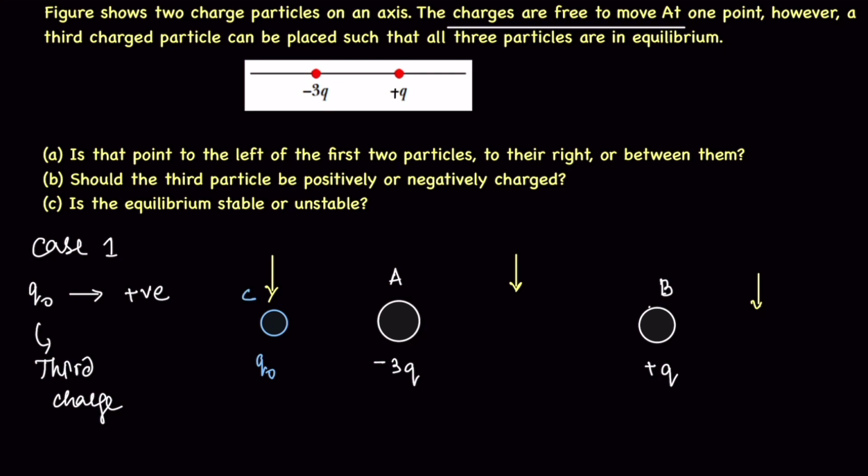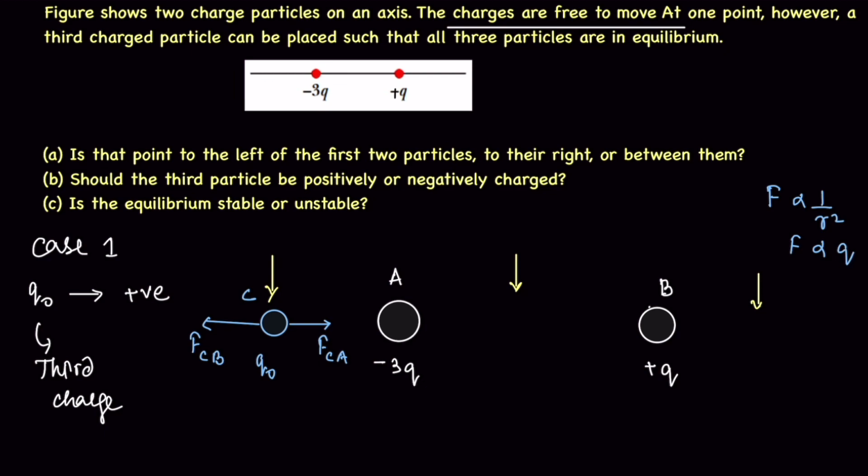A will attract the charge C and B will repel the charge C. So we know one relation: force is inversely proportional to the square of the distance between them and directly proportional to the charge.